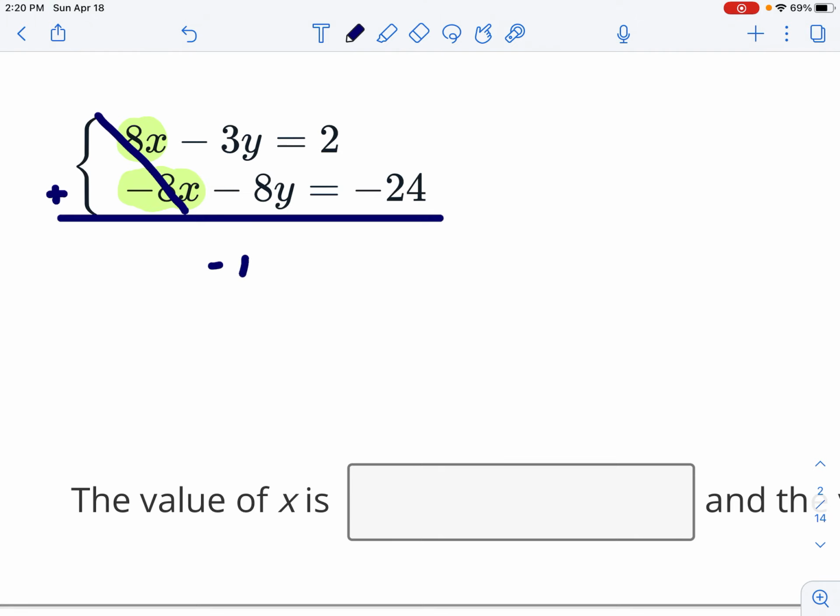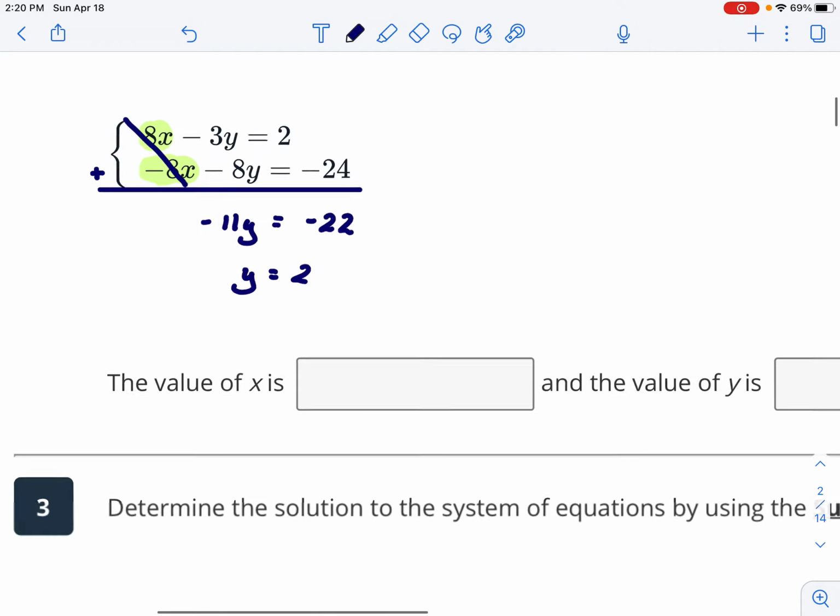They have eliminated. So I will go ahead and add together my other terms. So -3y plus -8y is -11y. 2 plus -24 is -22. And then when I divide both sides by -11, I find a y coordinate of 2.